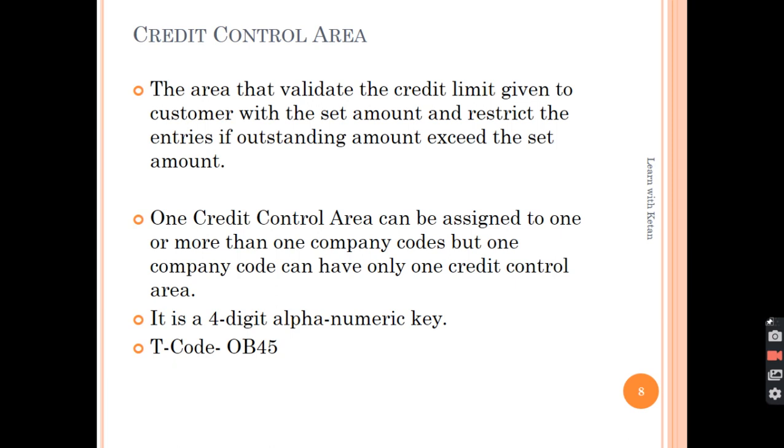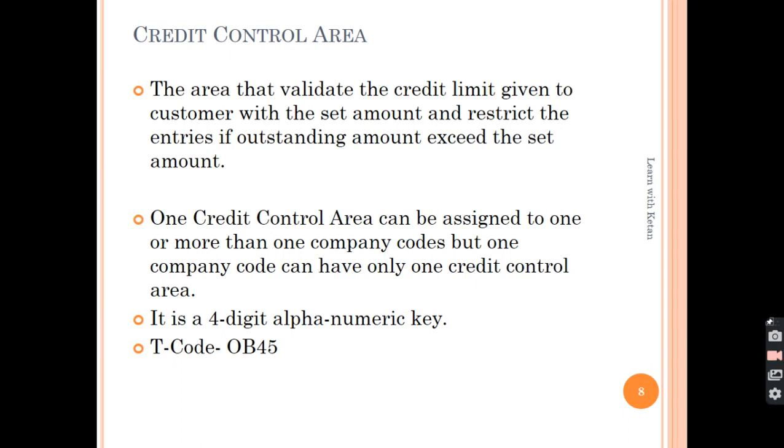In the global settings of a company code, you can see a single field for entering credit control area. You can't enter two or three credit control areas in a single company code. So second point says that one credit control area can be set in multiple company codes.